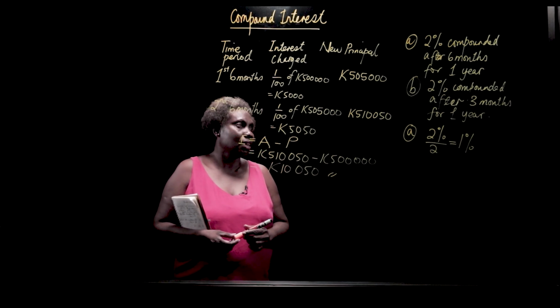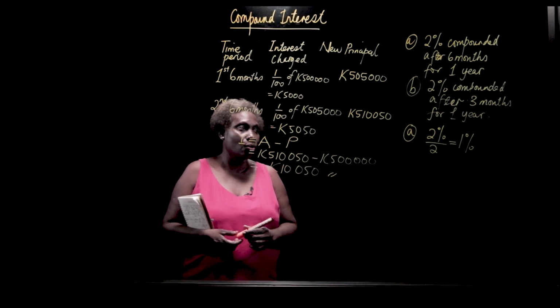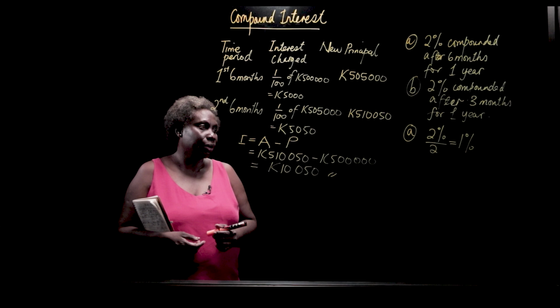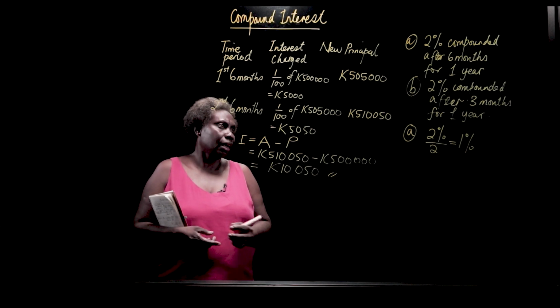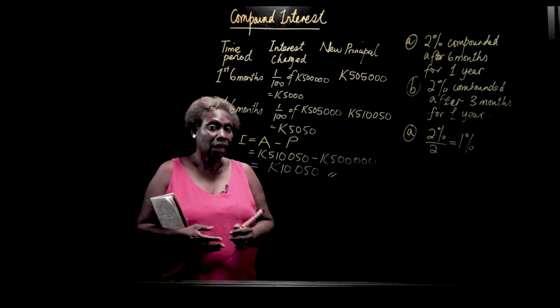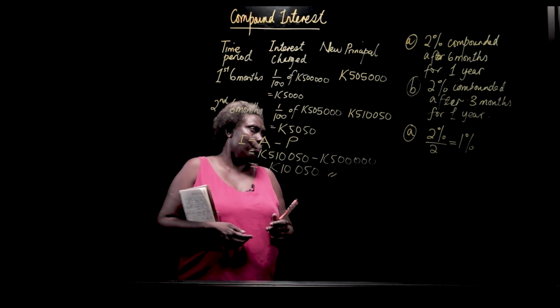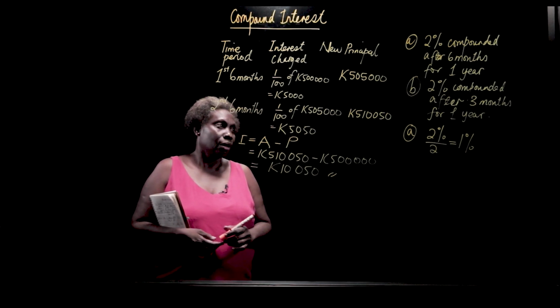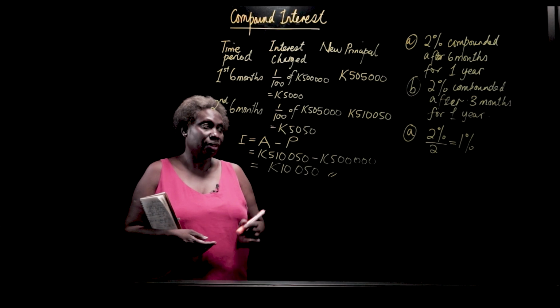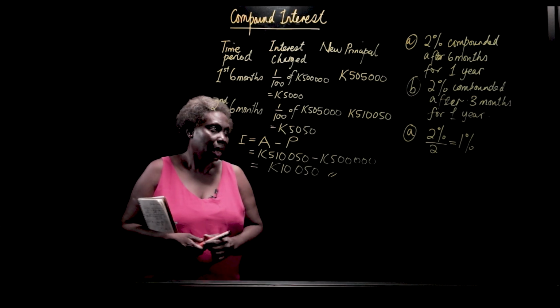Okay, we are going to look at option B, 2% compounded after 3 months for a year. In order for us to make a good judgment, we have to calculate the compound interest, compounded after 3 months for a year.